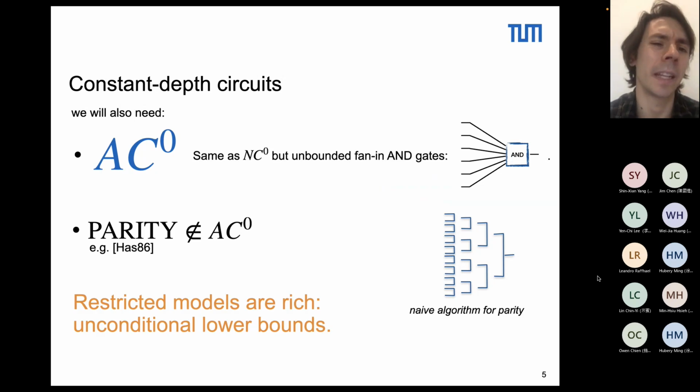And this shows an interesting reason why we're studying constant depth circuits: the more restricted the model is, the richer it is in complexity proofs. For example, in this case, we can prove unconditional lower bounds on parity for constant depth circuits, which is much harder for larger complexity classes like P or beyond.